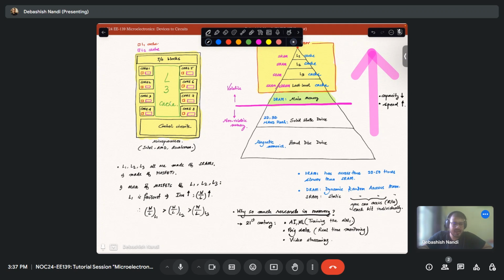And you top it up with video streaming like CCTV footage, or surveillance, or supervisory control and data acquisition, your SCADA and everything. Those require a huge amount of data to be stored and processed at the same time. So you need a huge amount of data in today's scenario, and thus you require a huge amount of memory.